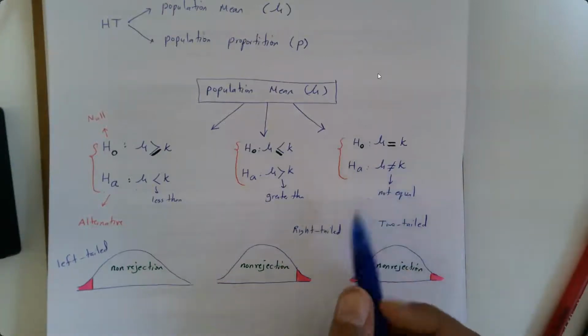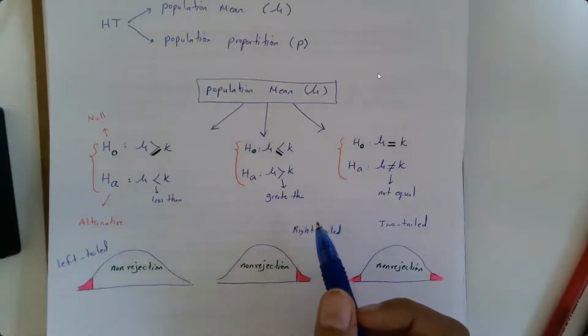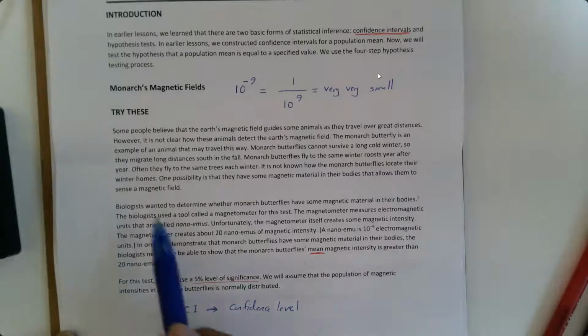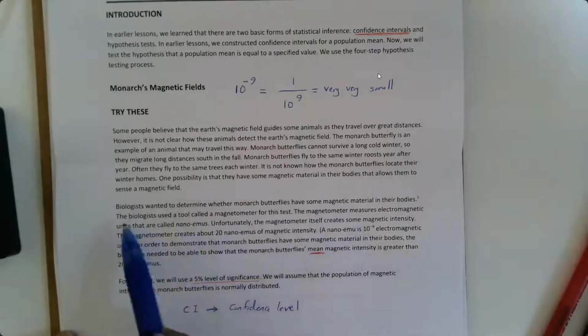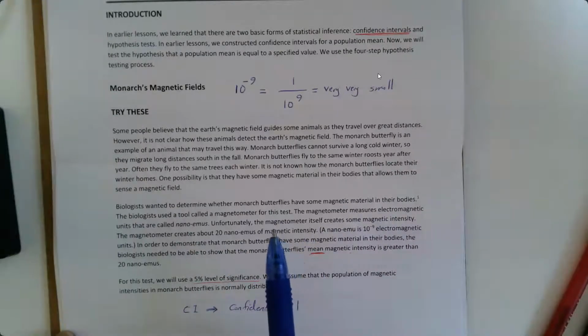Our job as a statistician is to look for keywords. After reading each of these lines carefully, remember that we want to collect information about the mean.